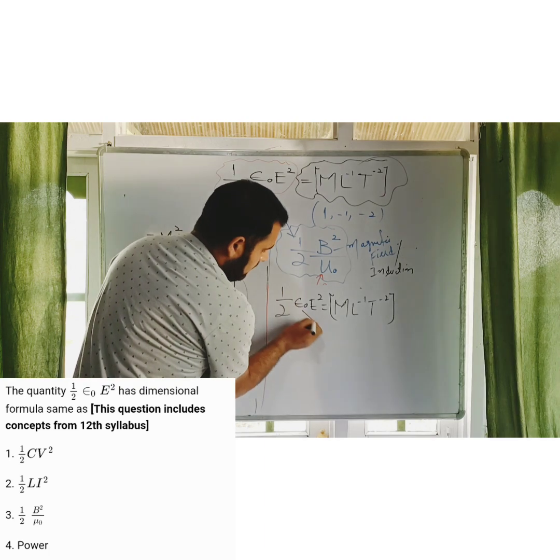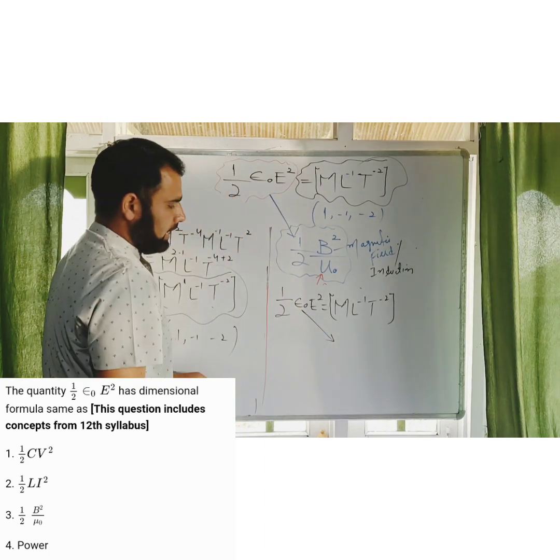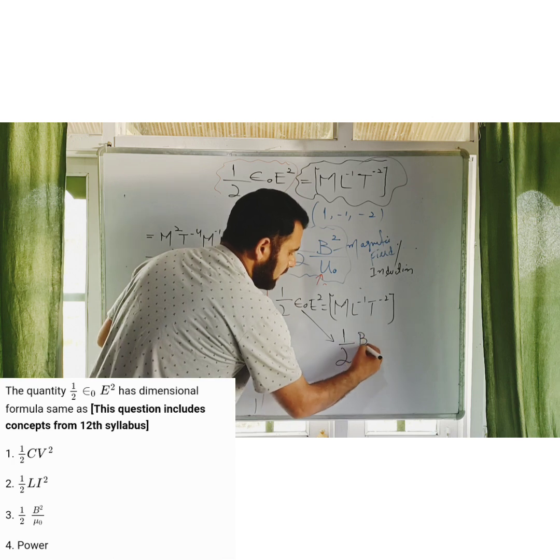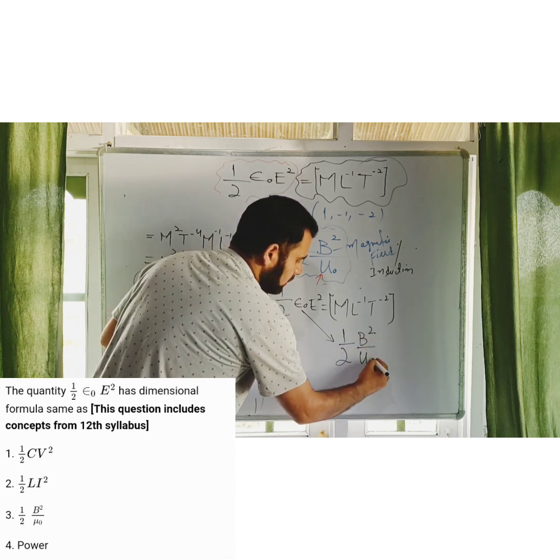And this 1 by 2 epsilon naught E square has its dimensional formula similar to that of 1 by 2 B square divided by mu naught.